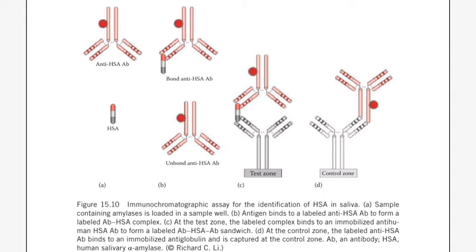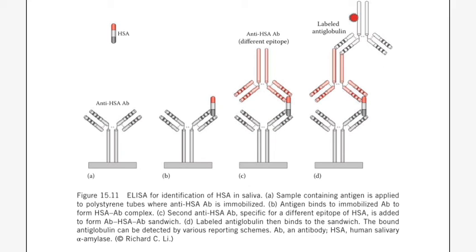Then a sample, which contains the antigen, is added and binds to the antibody, and forms the antibody HSA complex, because HSA is the antigen in our sample, and the antibody is sorbed in the plate.